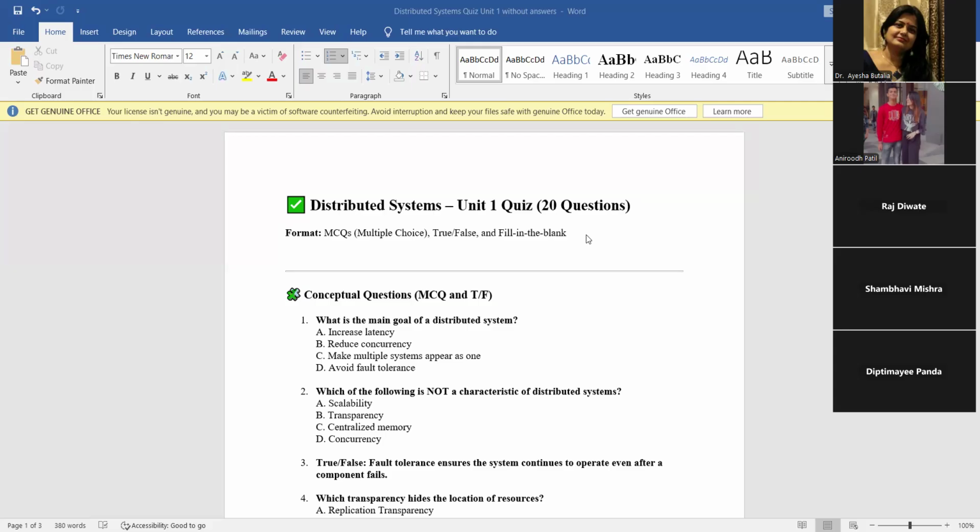Since it is load sharing, we require multiple processors to complete one task. If multiple tasks are happening simultaneously, then it goes to parallel processing. That's what we have discussed.